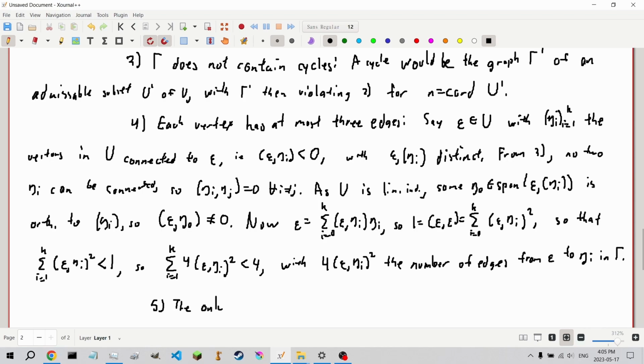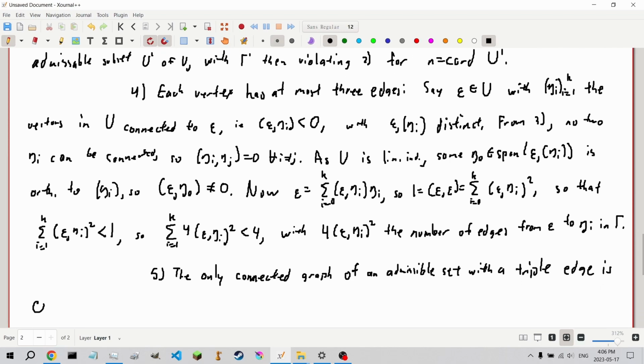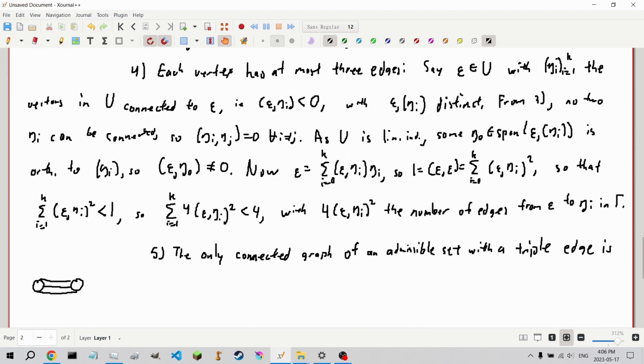The only connected graph of an admissible set with a triple edge is the graph of two vertices connected triply, which is pretty obvious given what we have so far.